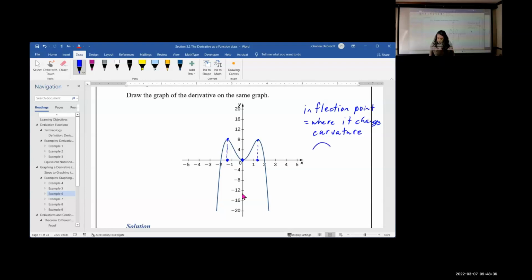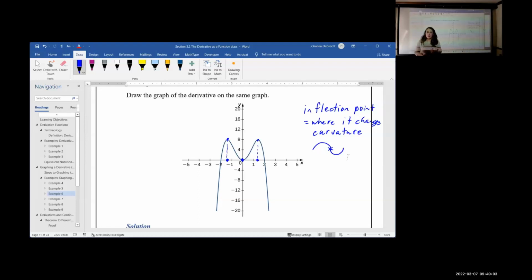All right, so up, down, right there. So what we're looking at is a place where it goes from being curved up to being curved down. A place where it was cupped down, and now it's cupped up. That one spot where it changes the curvature, that's called an inflection point.